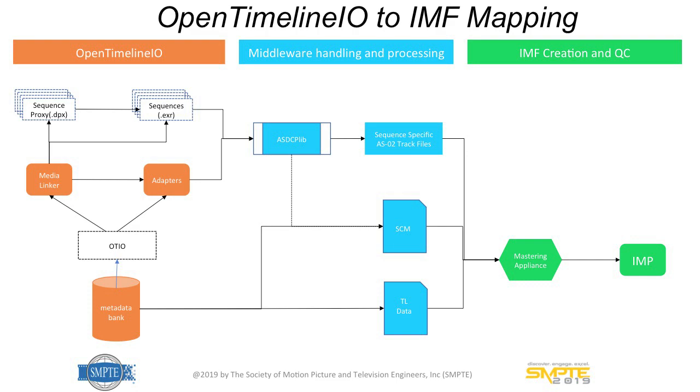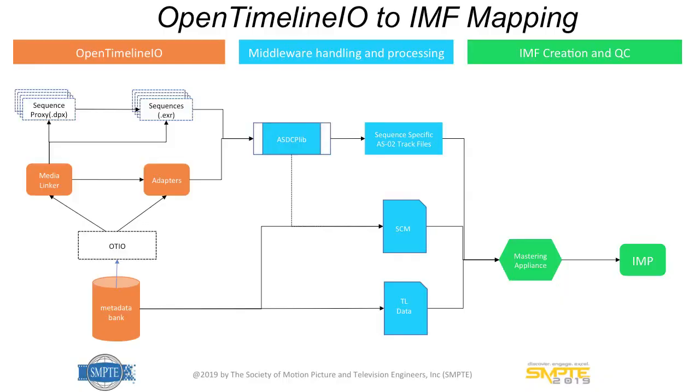So let's explain how we can map OpenTimeline to IMF. Okay. Now, to put a bit of visual context to what we talked about through the entirety of this presentation, we've got OpenTimelineIO, which is effectively sitting on top of a metadata bank, because we talked about information that is all being funneled into the main category that is metadata.